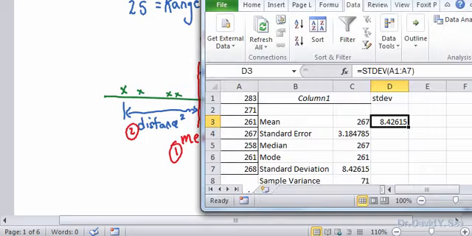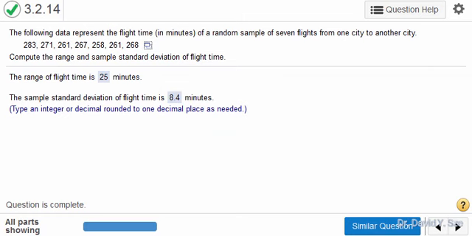So since the standard deviation was 8.4 for this data set, the distance from the mean to the average point away is roughly 8.4. That's a typical distance from the mean of these data values. So remember, standard deviation is like an average distance away.